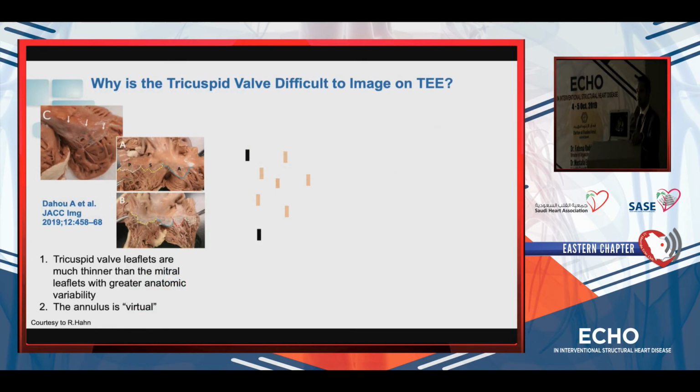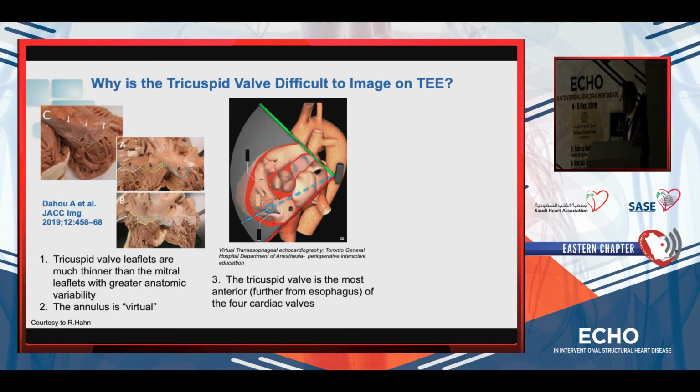And why is it so difficult for us as imagers to visualize the tricuspid with TEE? And this is also from Becky, but nicely shown because the leaflets are much thinner on the right side, and the annulus is actually a virtual structure. There is no annulus. And if we look at the anatomy and the location of the tricuspid, we really can see the tricuspid is the most anterior valve of you all.